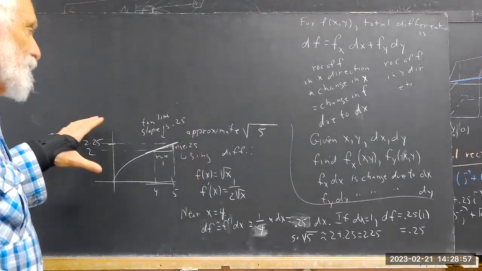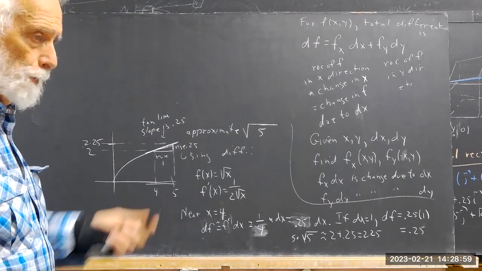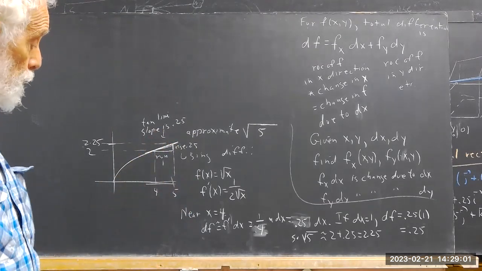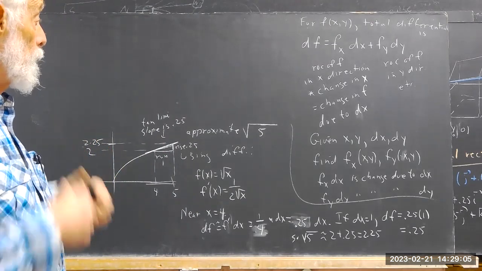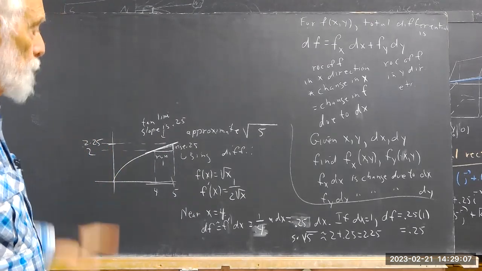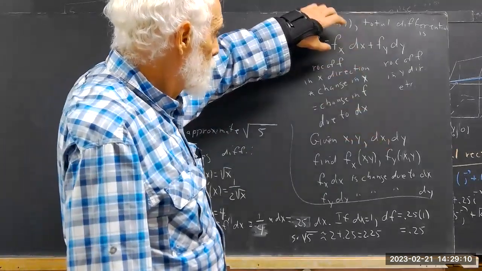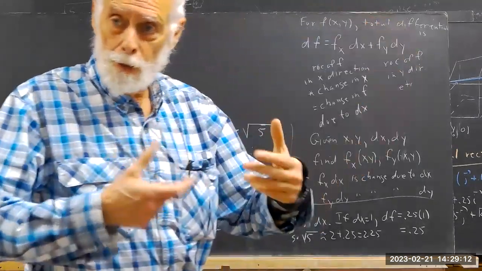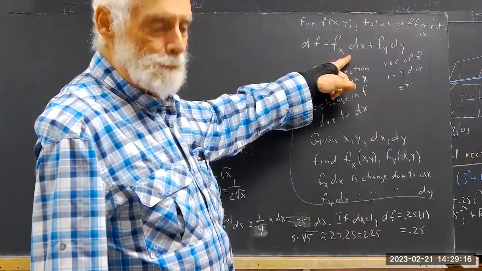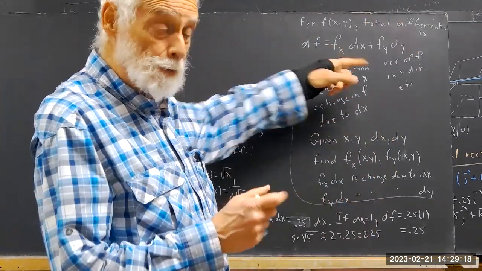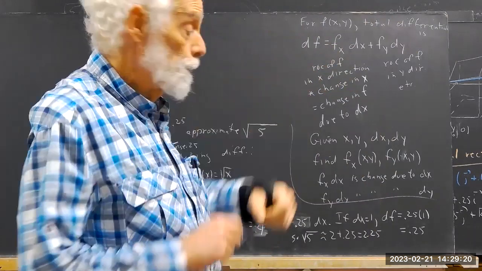Okay. So that's kind of a picture of the differential, something you should have mastered in calculus, if you didn't forget it all. We extend that here: instead of just one contribution to the change in the value of the function, we have one due to the slope in the x direction, one due to the slope in the y direction.